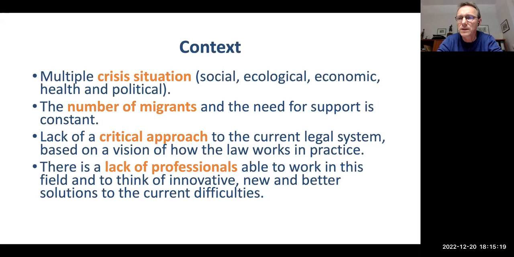So sometimes it's really a students-driven activity through the identification of this kind of context. So the different crises that you all know, but also the often high number of migrants in need of constant support.